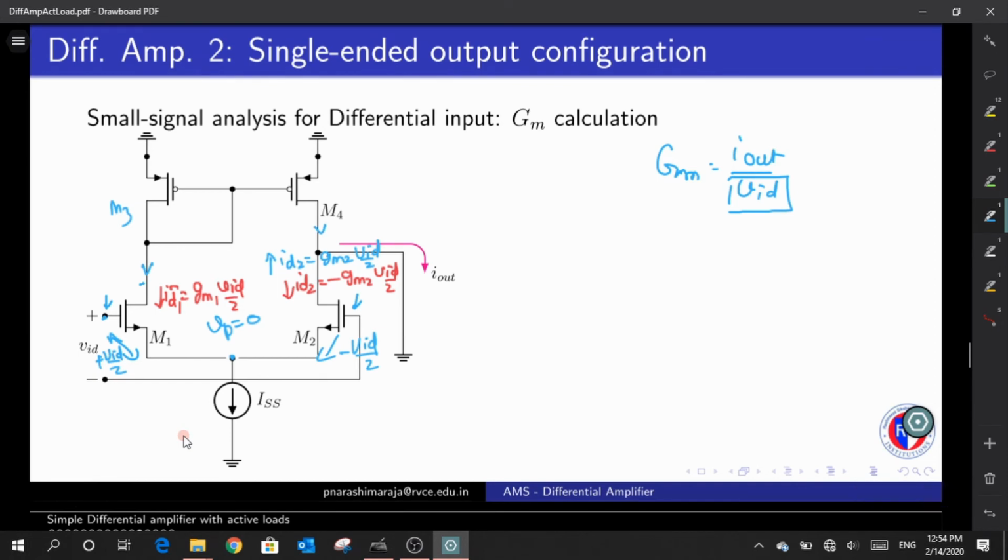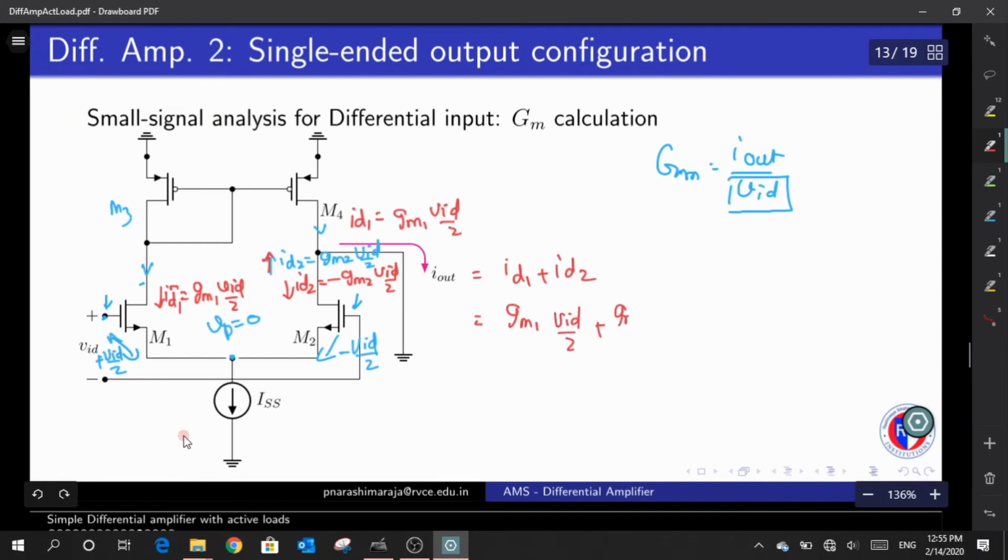Now this current is equal to ID, that is equal to GM1 VID by 2. There is also one more current coming towards this node, which is again GM2 VID by 2. And what is the total current that flows out of this I out? It is ID1 plus ID2, so GM1 VID by 2, and on the other side GM2 VID by 2.